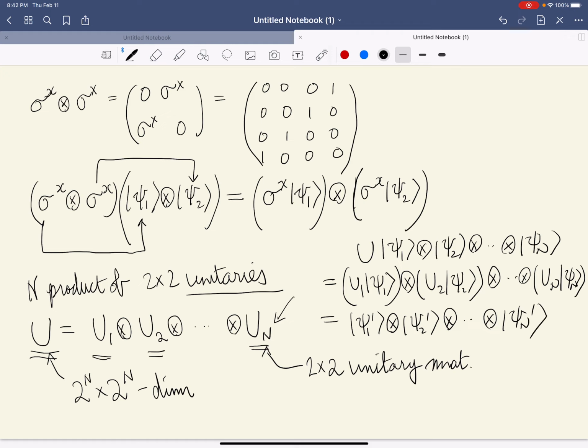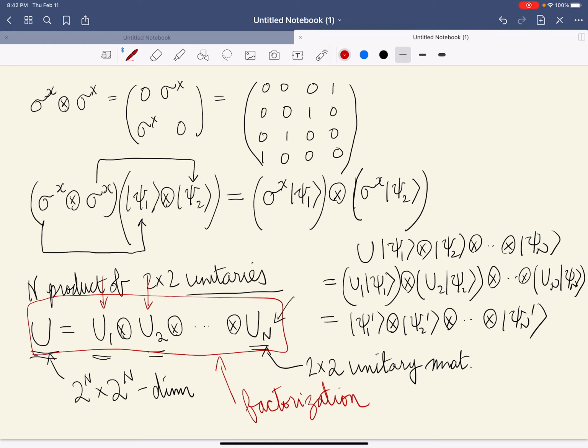So this sort of factorizability of a big unitary matrix into a whole bunch of 2 by 2 unitary matrices that are multiplied together through the tensor product is not a way to create entanglement out of a product state.